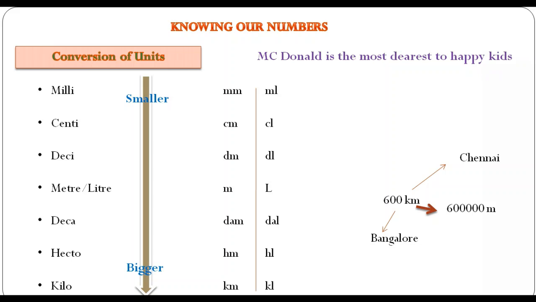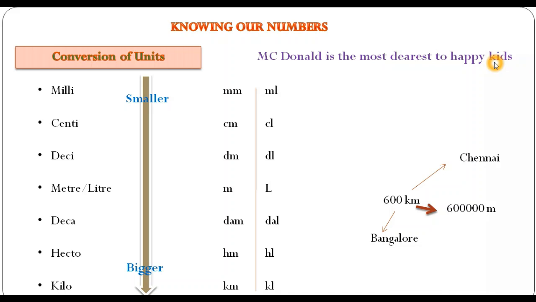Now, do you think that this is an easier sentence for you to remember? Yes, I think so, because McDonald's is a favorite to a lot of you. Now, if you remember this sentence, it is like McDonald, MCD, is the most dearest to happy kids. So here M is for milli, centi, deci, meter, deca, hecto, kilo.